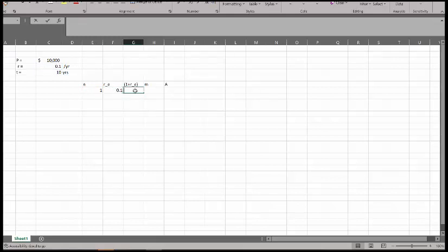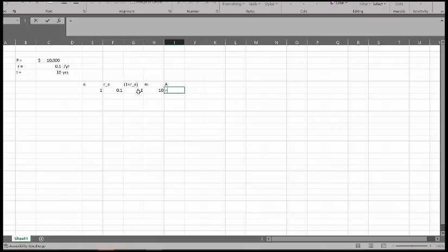Now 1 plus RE is simply 1 plus that guy there. All there is to it. Now M equals the number of compounds per year times the total number of years, right, NT. Again, we put a dollar sign in front. There we go.